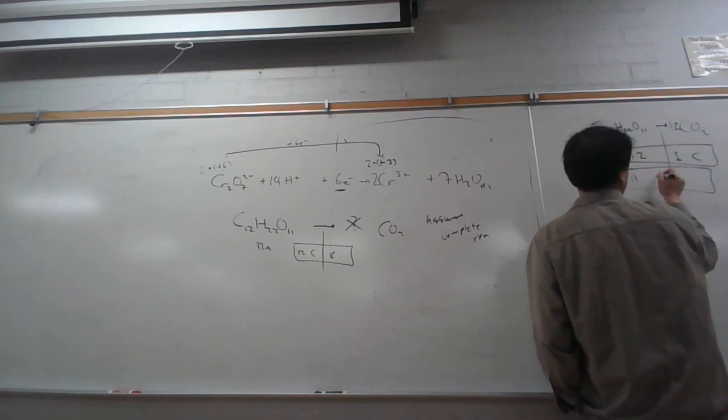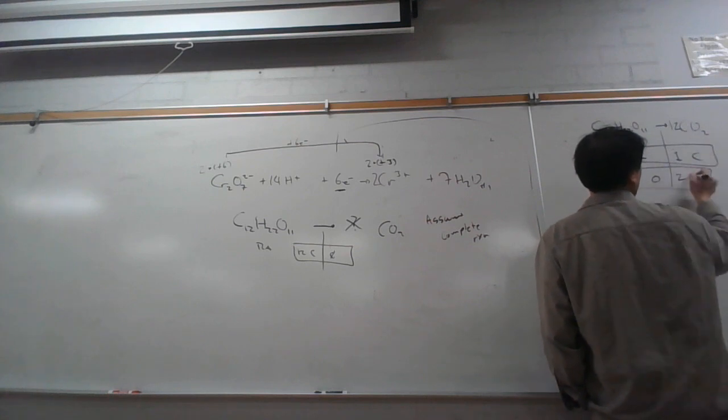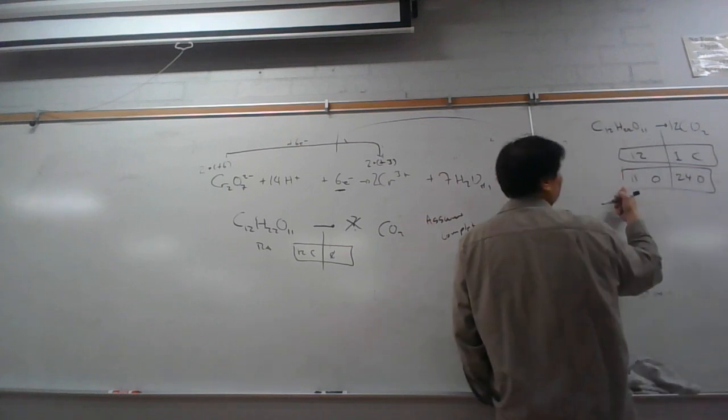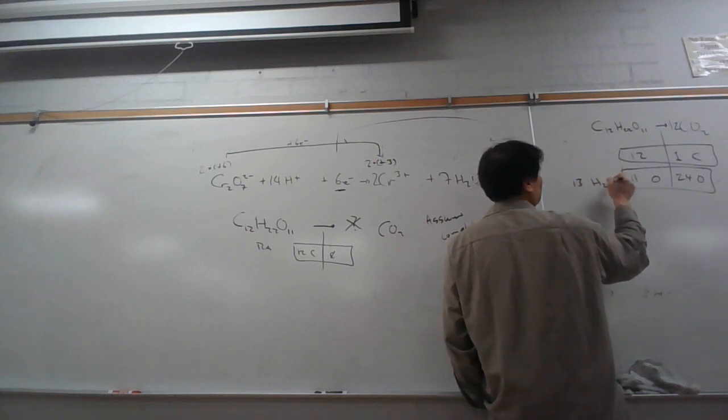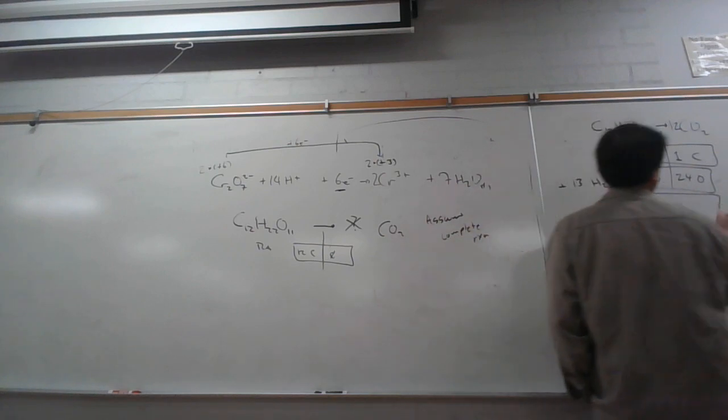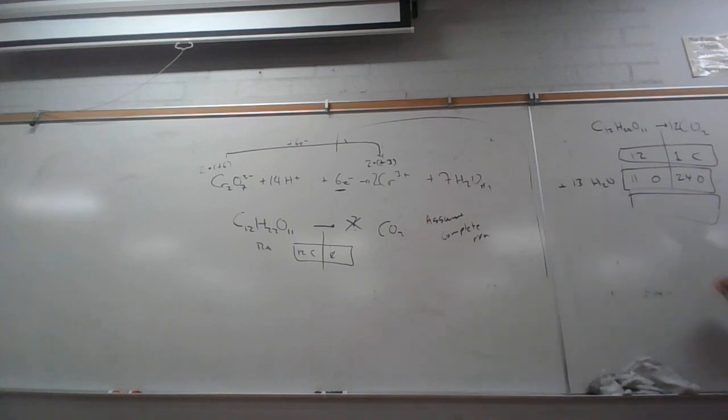And then 11 oxygens, 24 oxygens. And so 11 oxygens, we're going to need 13 H2Os here. And then 22 plus 26, we have 48 hydrogens and 0 hydrogens. So we'll need 48 H pluses over here.